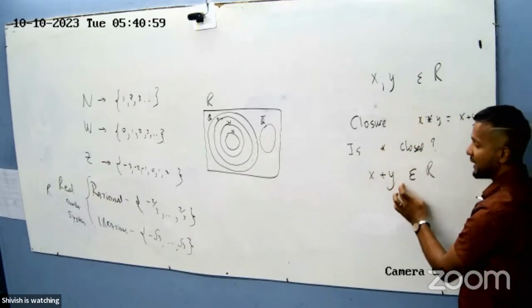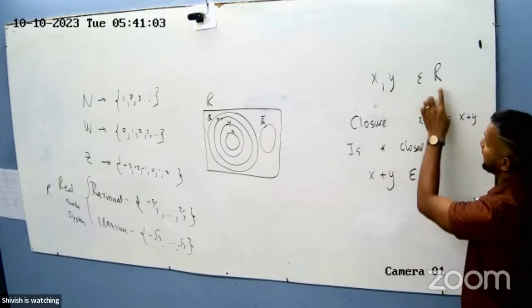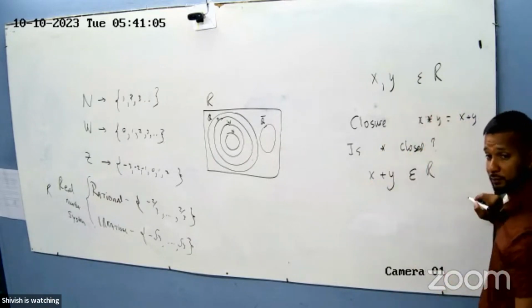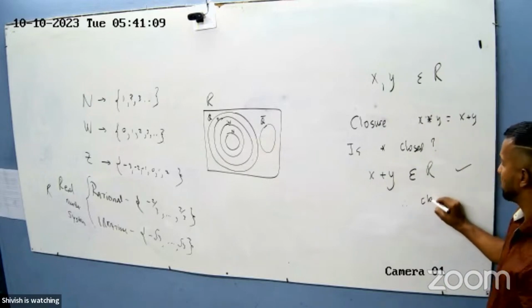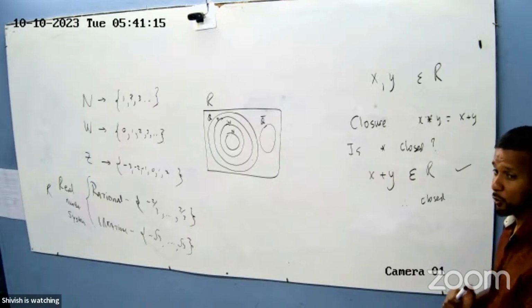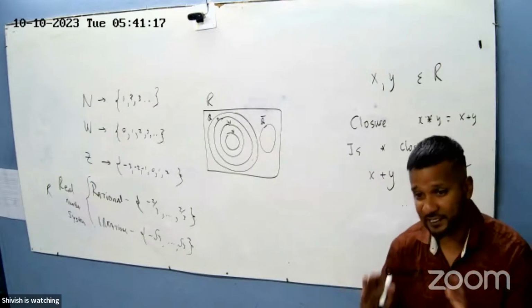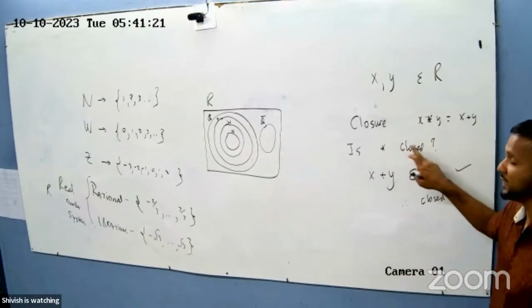No matter what Y is, once you sum two real values, you will always get something that's real. Once you can show that, therefore, it's closed. That makes sense? So X and Y belong to a set, and once the result of the function belongs to the set, then it's closed.